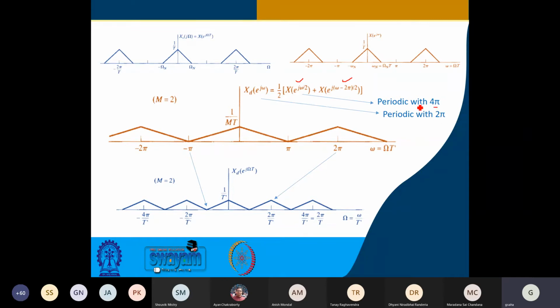And when you combine them, of course, it has to be periodic with 2 pi. Since in the original signal you had this kind of thing, just half of it. So basically it comes to pi and minus pi, and you do not have any issue of so-called aliasing.